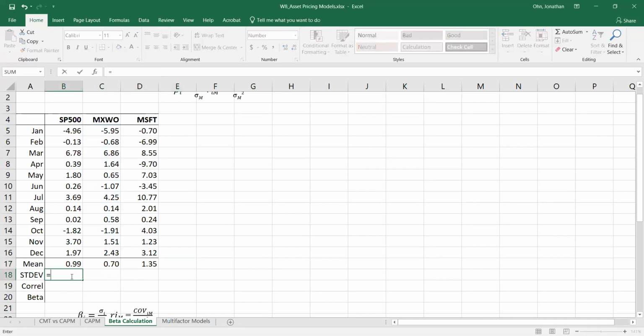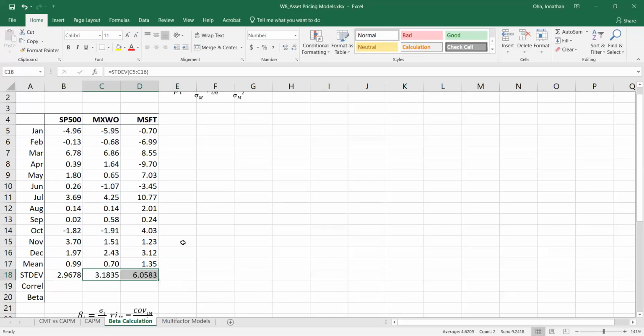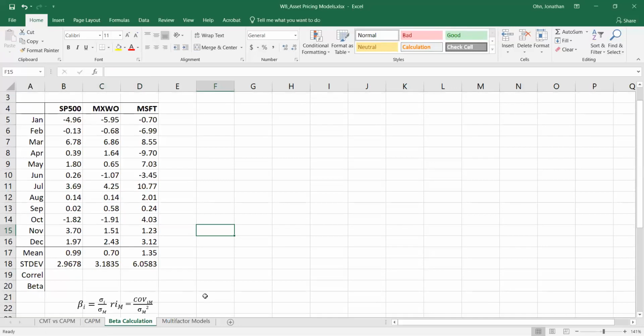Standard deviation is STDEV. The standard deviation of the S&P 500 is 2.97%. Let's copy and paste. The standard deviation of MXXO is 3.18%, and Microsoft is 6.06%.